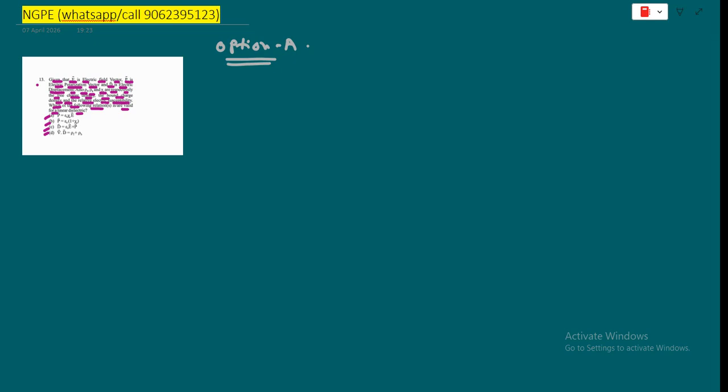You pull the electric field string and the atoms stretch, and the formula is what? Vector P is epsilon naught chi E vector E. Now this is the literal definition of the susceptibility in SI units. So option A is perfectly valid, so keep it.